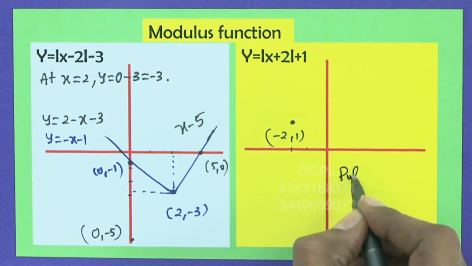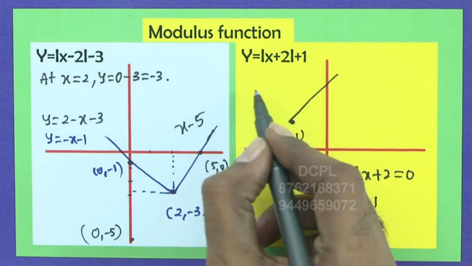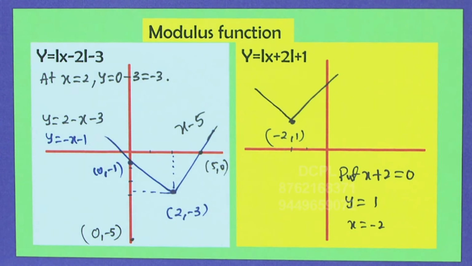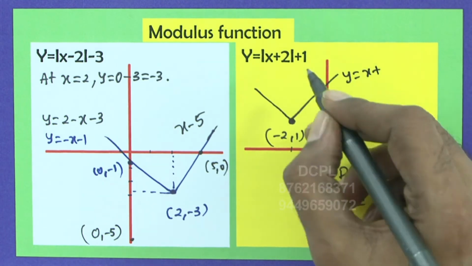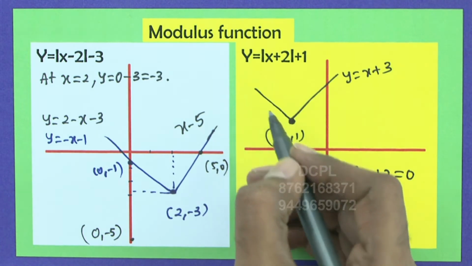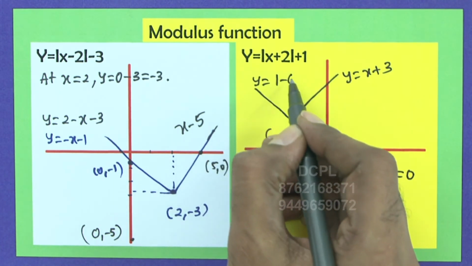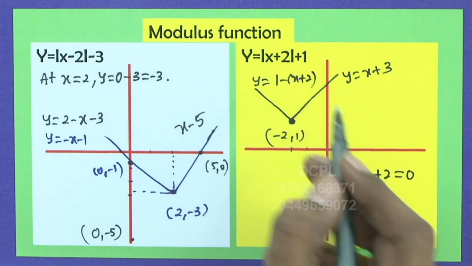Put x plus 2 to 0, y is equal to 1 and x is equal to minus 2. So, this is the graph of y is equal to mod of x plus 2 plus 1. Understood? This is y is equal to x plus 2 plus 1, that is x plus 3, and this negative part, when x is less than minus 2, is y is equal to 1 minus x plus 2, that is 1 minus x minus 2, that is minus x minus 1.